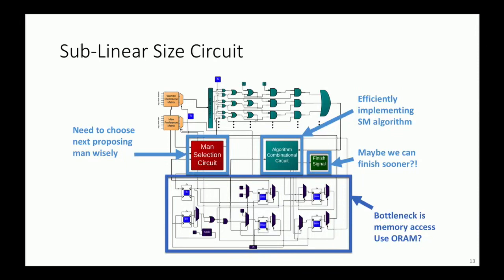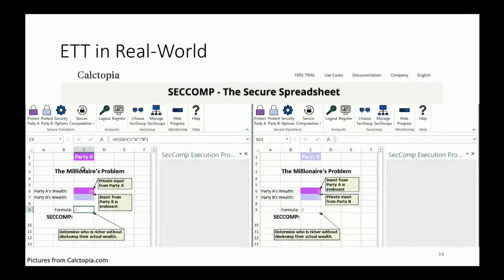But using this technique, we can reveal one bit of information at each clock cycle and see if the match is stable or not. Of course, this is not free. It comes at the cost of revealing the total number of proposals needed to reach a stable match. And it's an optional module that we can use or avoid.